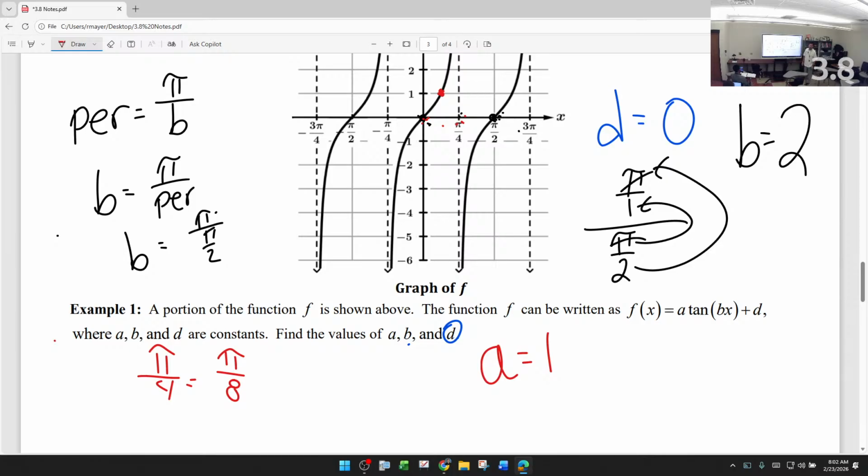I'm trying not to do this algebraically for you guys, but it looks like I'm going to have to. Found where pi over 4 was on the original tan graph. Yes, like you horizontally shrank it. Then you found out where pi over 4 was on the new one, pi over 8. Then you compare the two values you get.